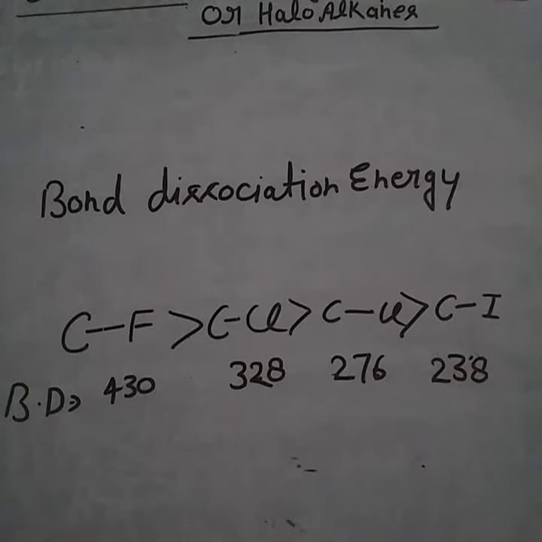When the size of the atom increases, the bond dissociation energy decreases. The carbon-iodine bond is cleaved more easily than the carbon-chlorine bond, because its bond dissociation energy is lower than that of the carbon-chlorine bond. So it is easily cleaved, while the cleavage of the carbon-chlorine bond is very difficult.